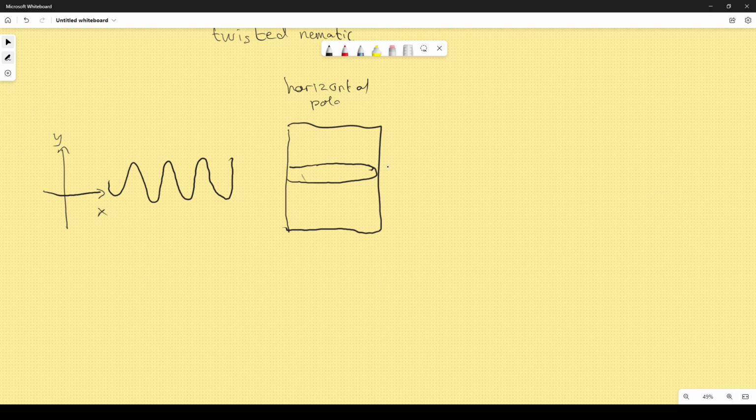So what comes out of this is also horizontally polarized light, like this.